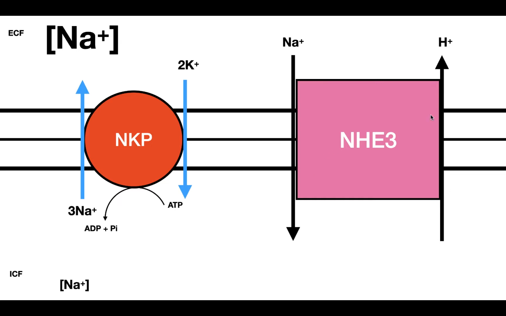The sodium-potassium pump pumps sodium against its electrochemical gradient out of the cell, and this causes a storage of energy. Then when sodium is brought back into the cell, this releases energy that allows the exchanger to bring hydronium out of the cell into the extracellular fluid against its concentration gradient.